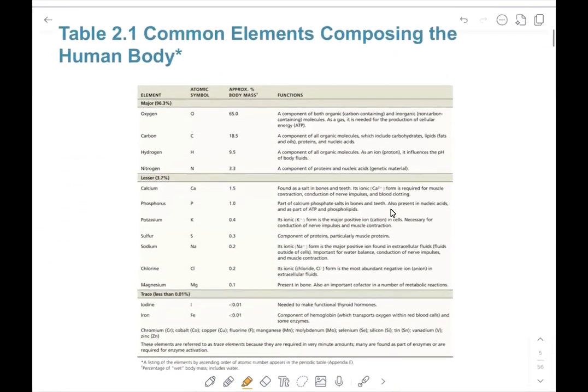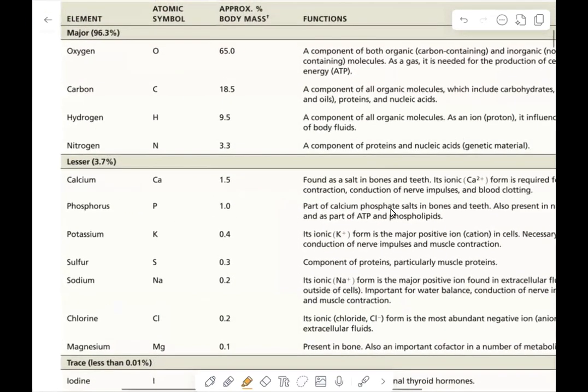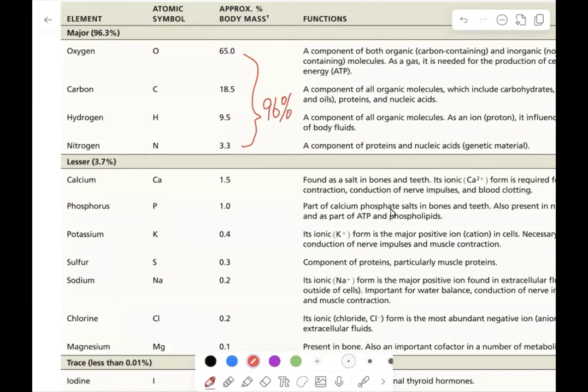So this table on this slide is going to be very, very important for you to know. The specific percentages are not important, besides the fact that you need to know that these four are 96% of the human body.